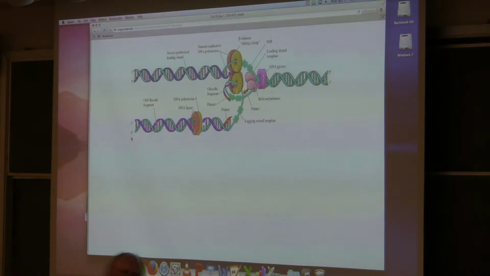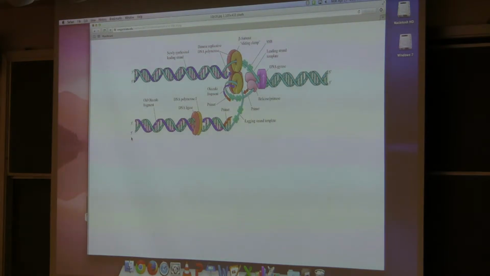They both have to go from 5' to 3'. So for all practical purposes, the top strand is replicated, then the bottom, then the top, then the bottom, and they're pointed in opposite directions.